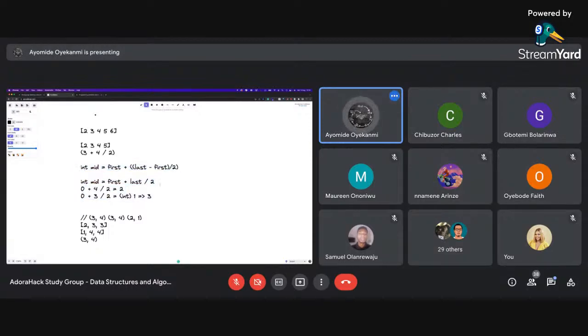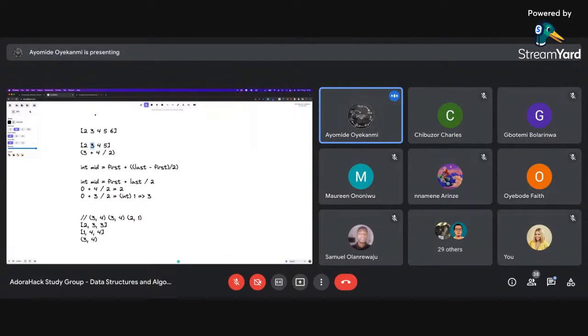So what you're saying sounds correct to me, in that to find the middle of 4 values, I would take the 2 middle values, add them and divide by 2. That sounds correct. But in code I've read, this is the formula we use. And if you use first plus last divided by 2, or first plus last minus first divided by 2, you would only get one position, not both positions.